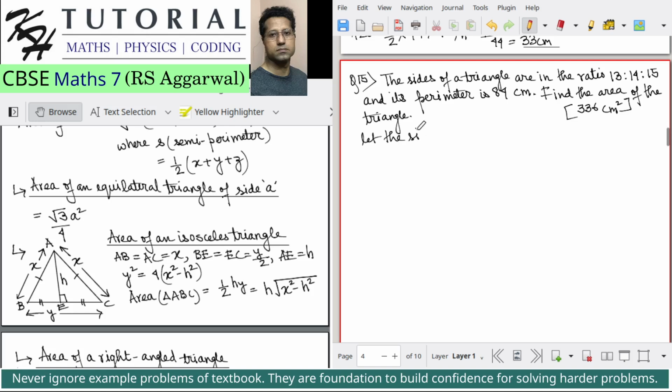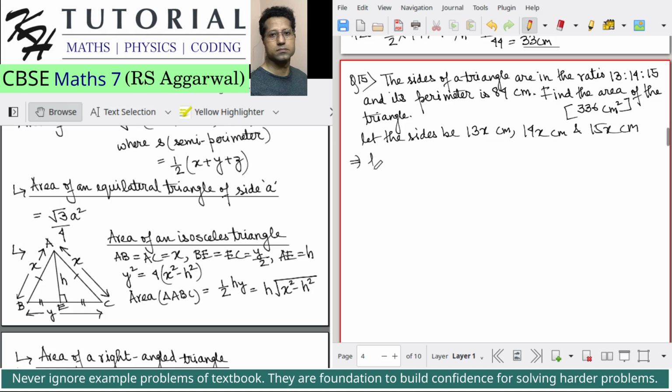Okay, so let the sides be, based on the given ratio, 13x. Since the perimeter is given in centimeter, let the sides be 13x centimeter, 14x centimeter, and 15x centimeter.